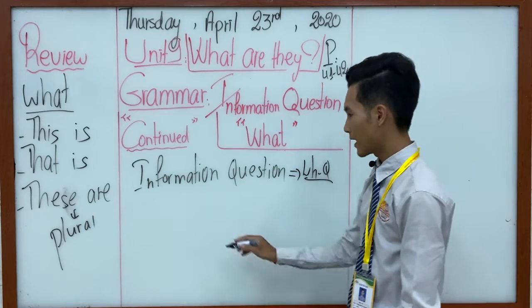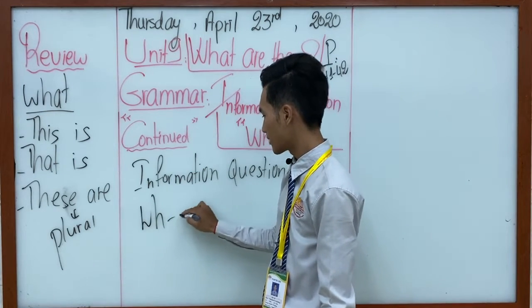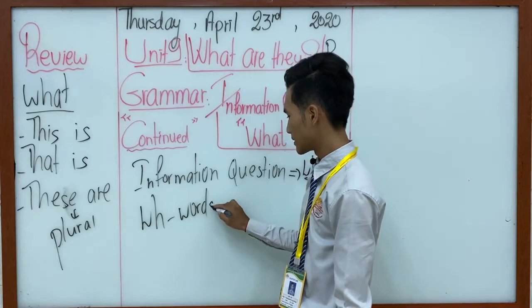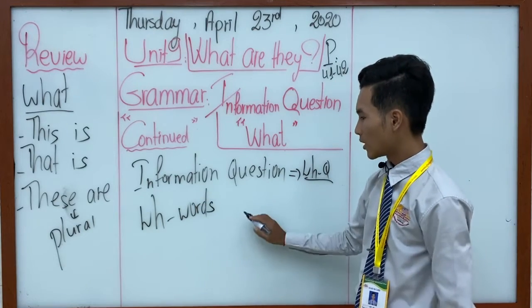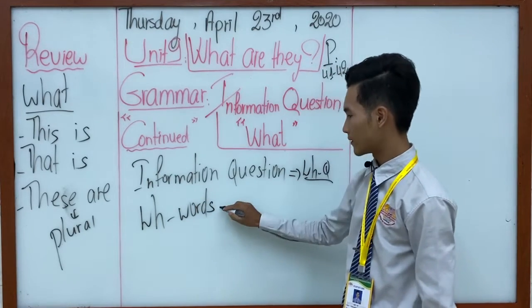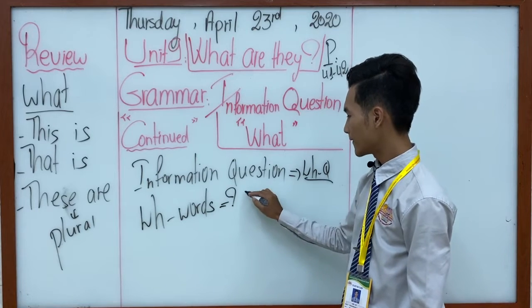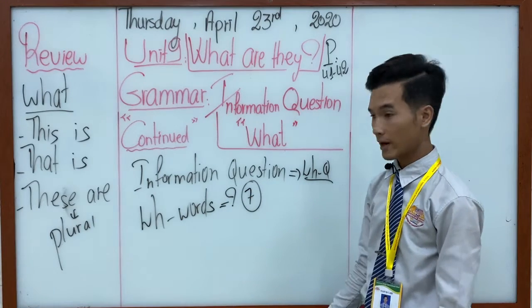Or you can say that we have WH words. So how many WH words do we have? We have 7, right? So what are they?